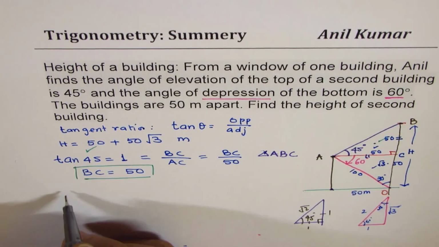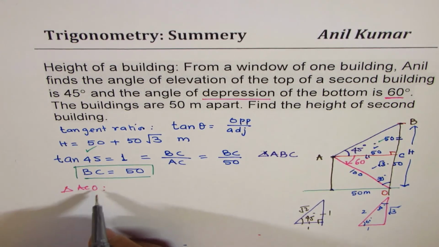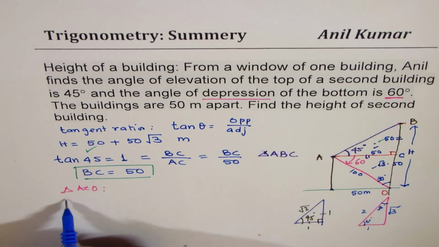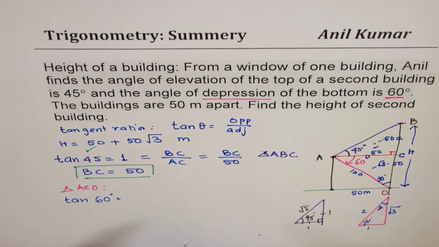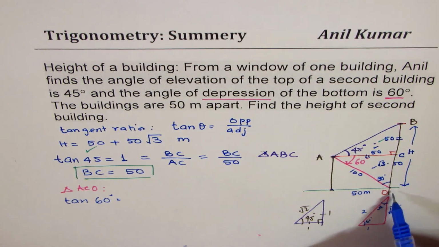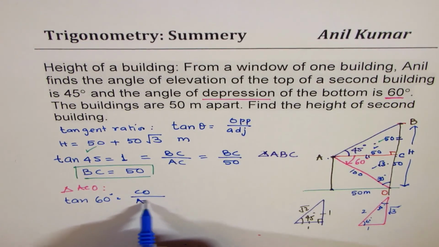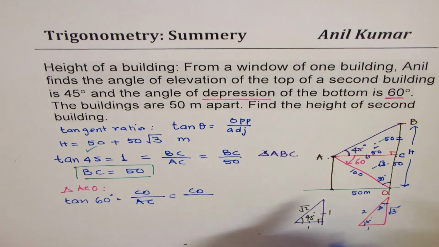Similarly, now let's look into the triangle ACO. In this triangle, again, we'll look into the tan ratio. So we have tan of angle 60 degrees equals the opposite side CO divided by AC. CO we need to find, let's keep it like this.